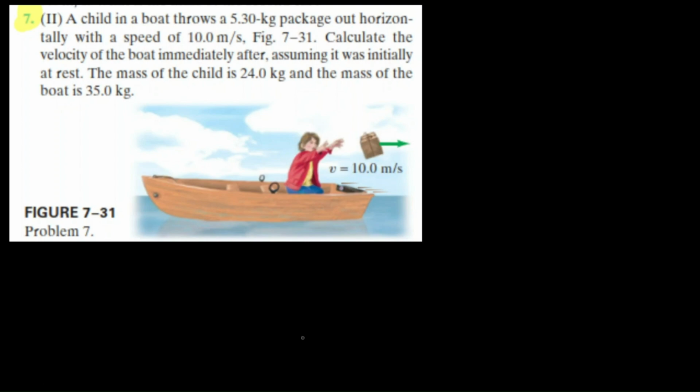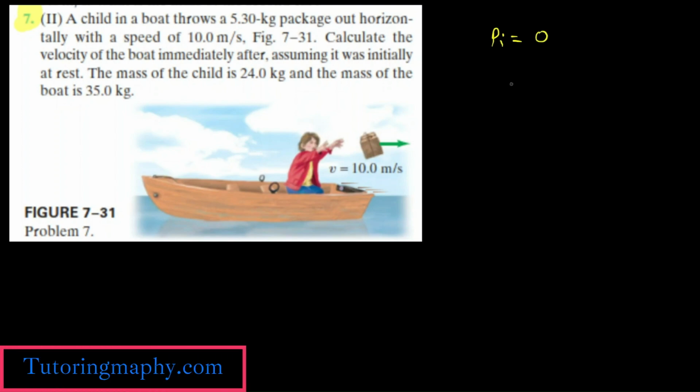P initial is 0 because the system is at rest. And then P final is 59V plus 10 times 5.3.